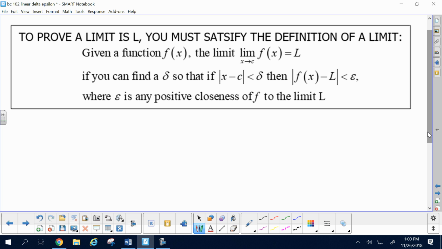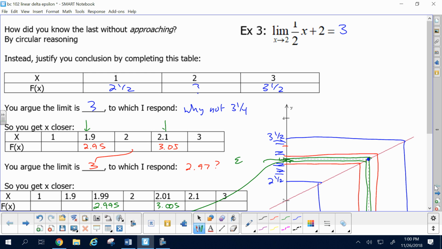Now, in this table here, and I know you don't have the table, how close I got to 2, that's the delta. So in this case, delta was 1. And the result was I got a y closeness of a half. When I went to 1.9, the delta was 0.1.